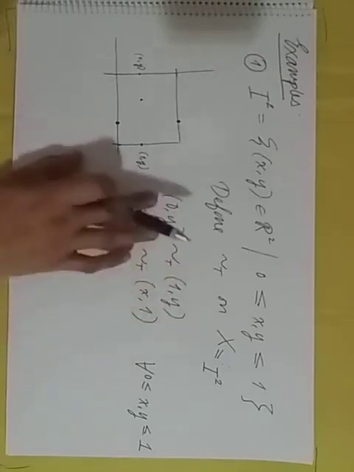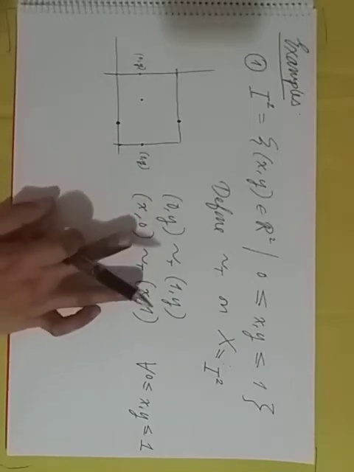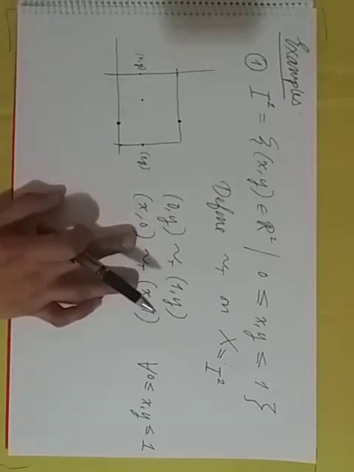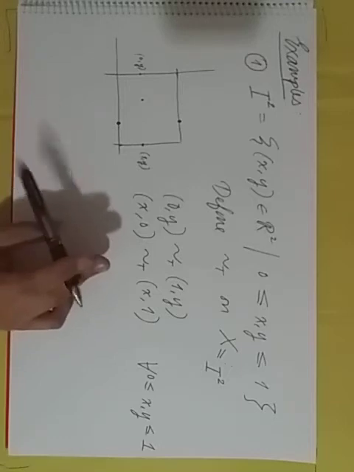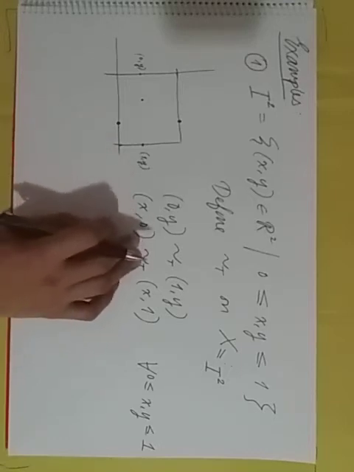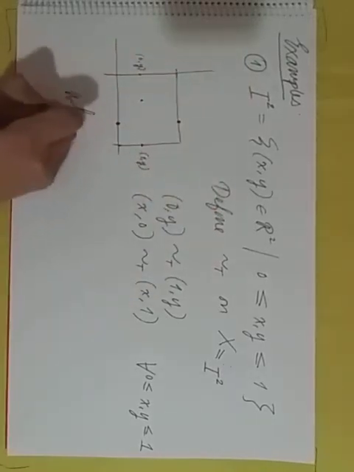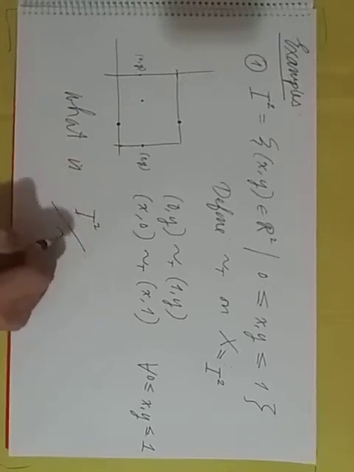So, kagaya nito, so pag dineclare ko na ganito, you should assume that those points that are not mentioned, they are alone in their equivalence class. Maliwanag? Okay, so now the question is, what then is I squared modulo this? So what is I squared modulo this?